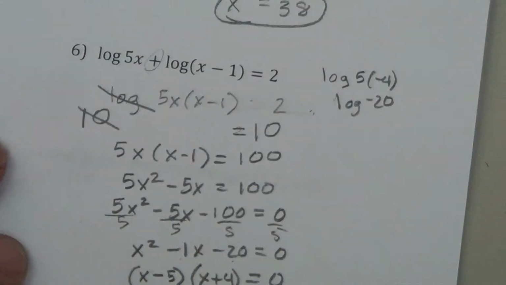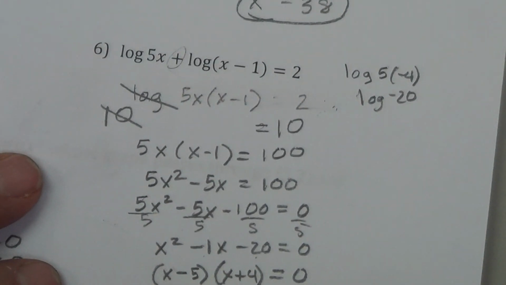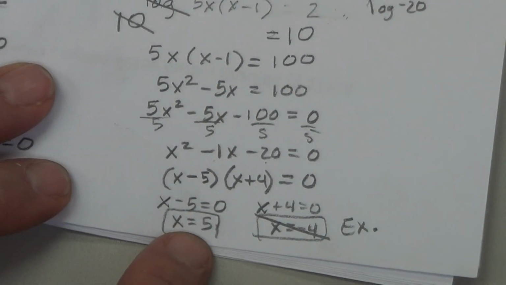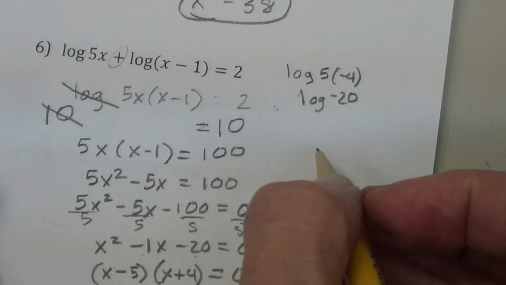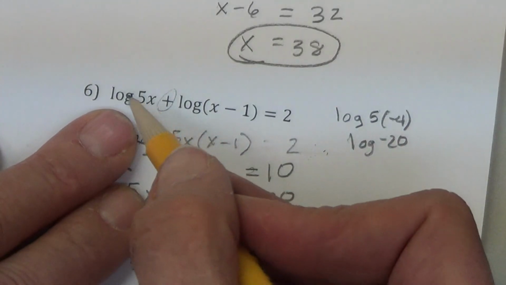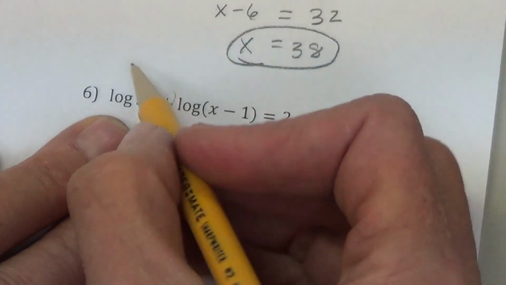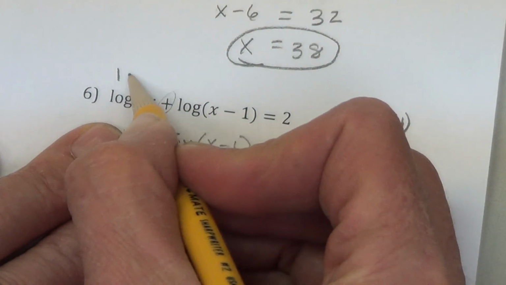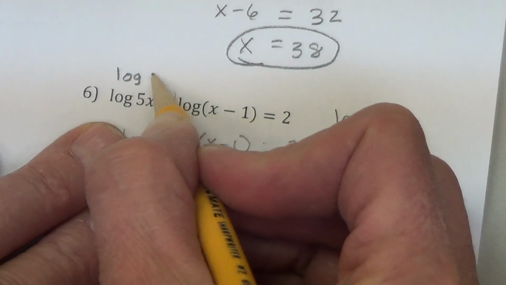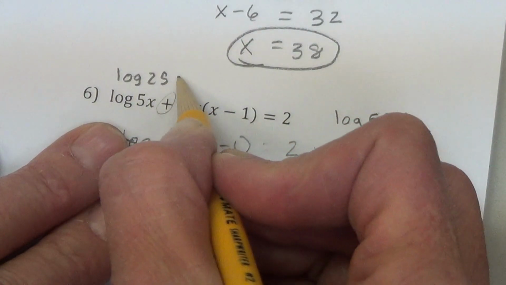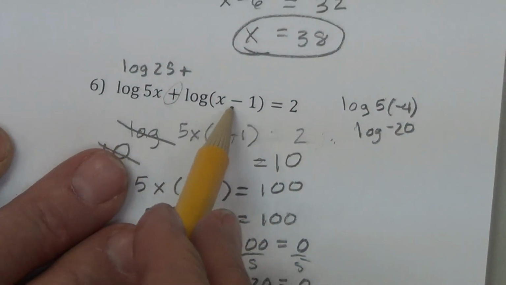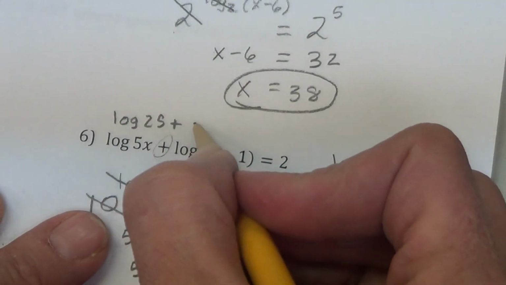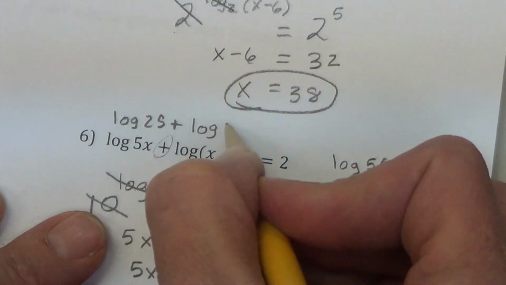Okay, now we come over and we say log 5. Well, could that work? Log 5 times 5 would be 25 plus, now we plug 5 in for this one, 5 minus 1 would be log 4.